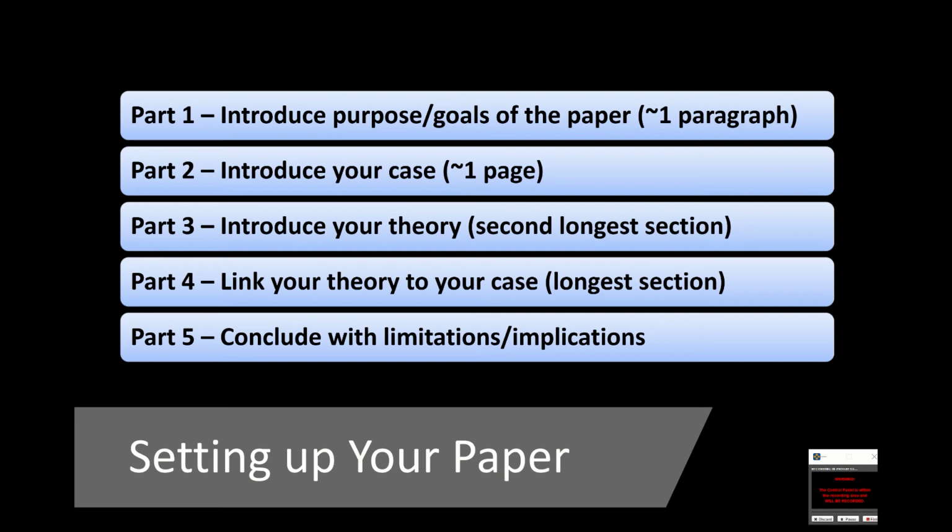Part 5 will conclude with limitations and implications of your paper. So you can talk about which of the two theories or perspectives that you selected best explained your case. Was social bond theory or psychopathy more effective in understanding the behavior of Eileen Wuornos? You can look at the limitations of your own analysis.